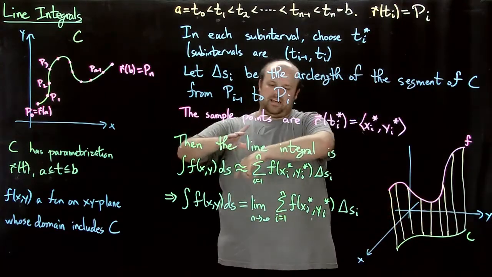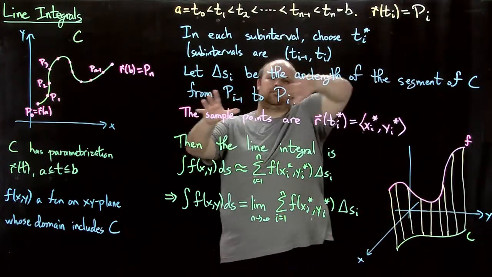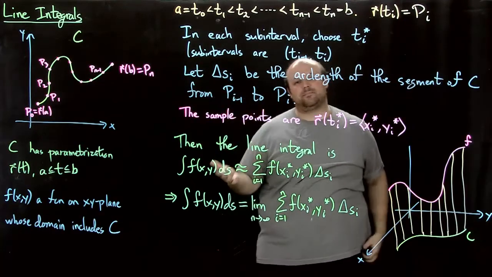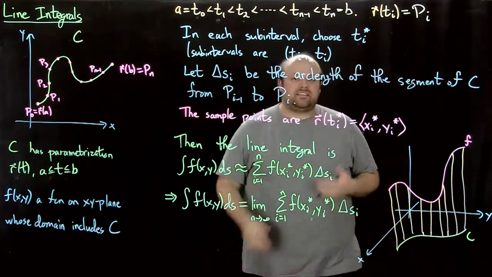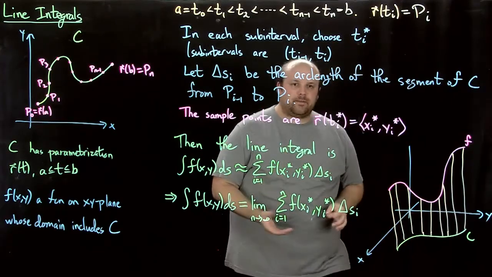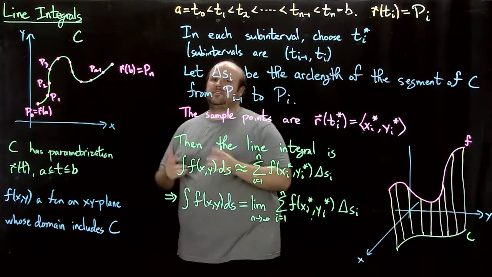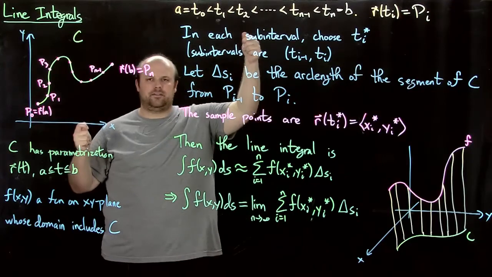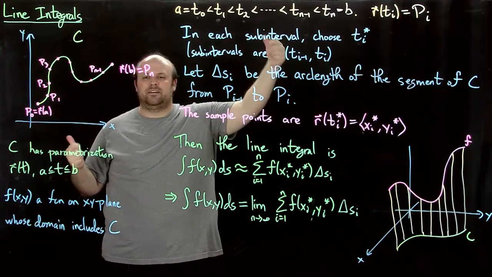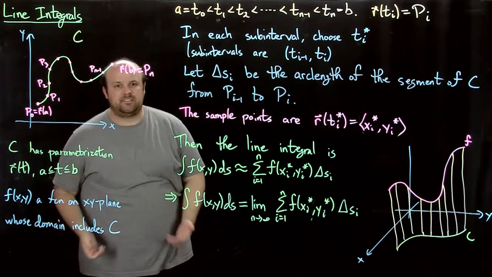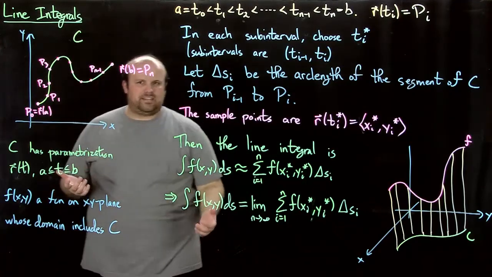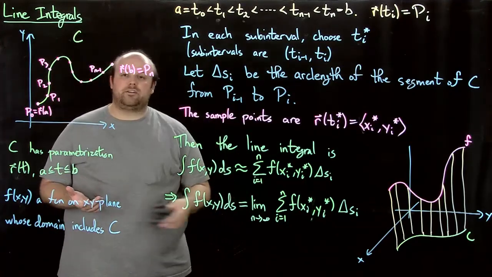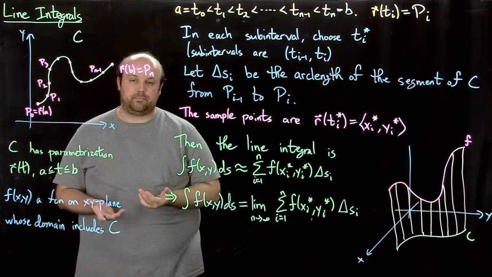So it could be a wall that has some wobbly base and then waves on the top or something. Maybe it just keeps going up. But that's what this is giving. It's giving you the area of some sheet that's just wobbling around in xyz space. All right? So hopefully that makes sense. And in the next video, we'll show you how to actually effectively compute these things.